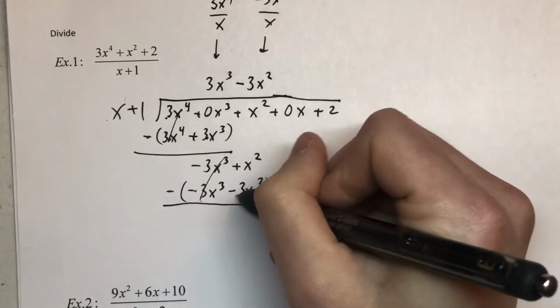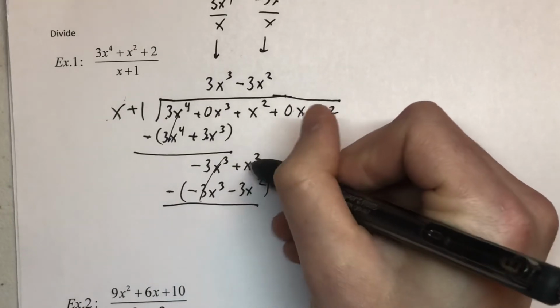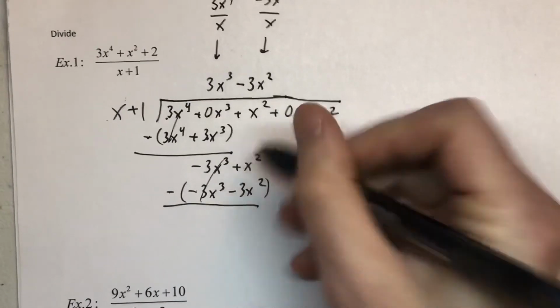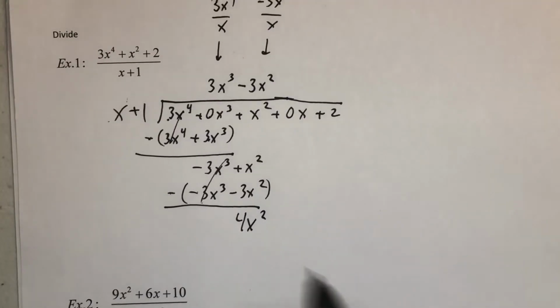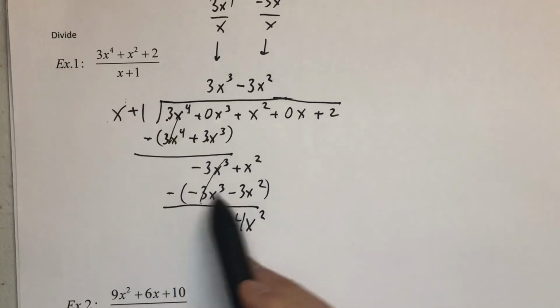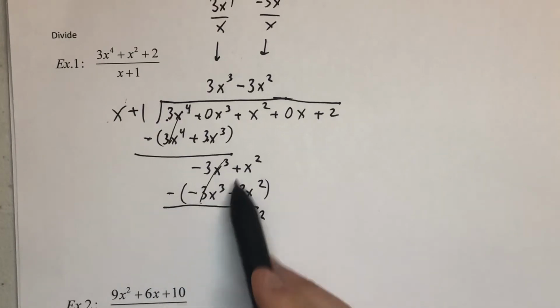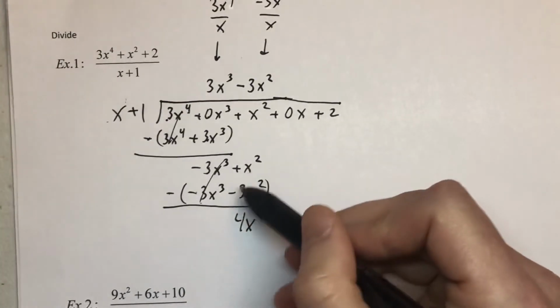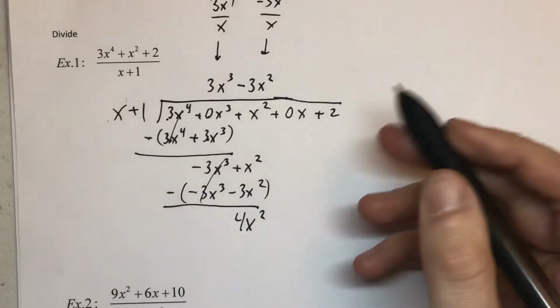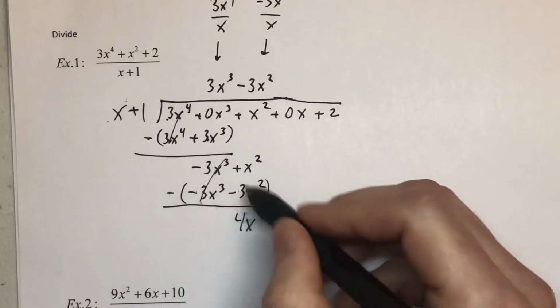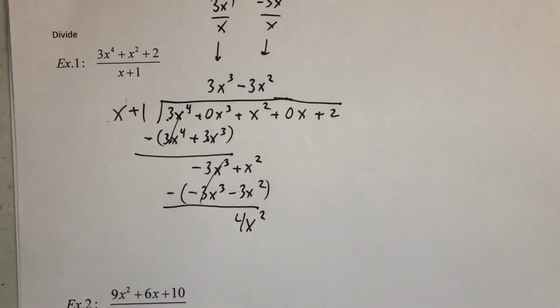Well, minus a negative 3 is again plus. So this is really a 1 plus 3 on these x squareds, giving us a 4x squared. That's very important. You gotta pay attention there. You gotta know how to use that minus sign. It's a very common mistake for people to see this and say, so it's 1 minus a 3, so that's negative 2. And we don't want to do that. Minus a negative determines what's actually going on there.